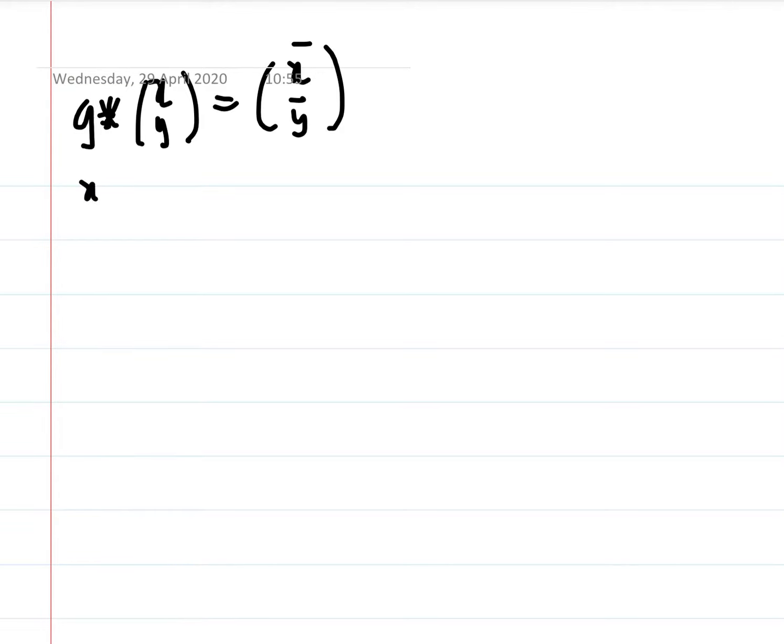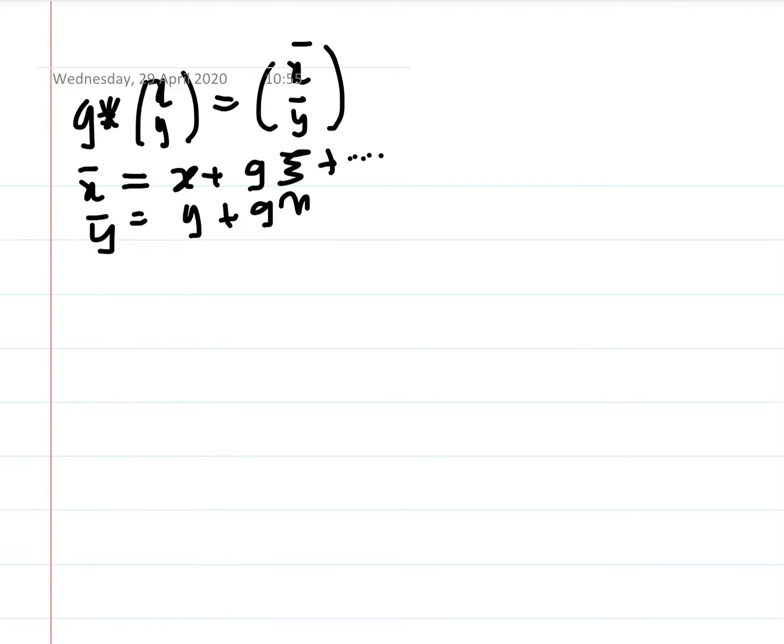We also showed that if you write x bar up to first order, you get x plus your parameter times xi, and of course you've got higher powers of your parameter. y bar will be y plus g eta plus higher powers in your parameter.